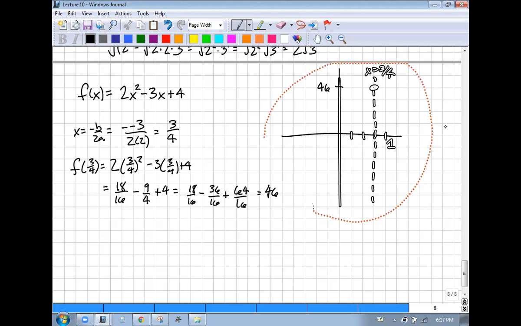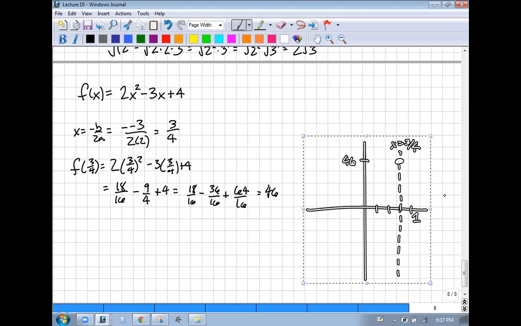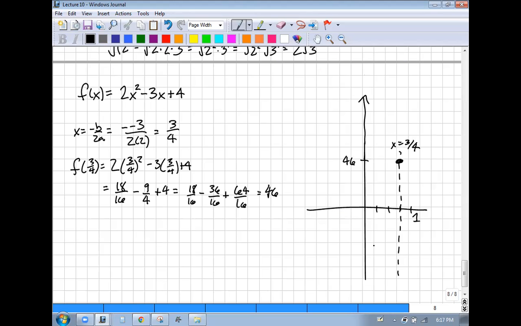So my y here is scaled a lot differently. From here to here, I said it's the length of 46. So I could draw my vertex here. All right, so my vertex is at 3/4. Oh, no. I need 46 over 16.